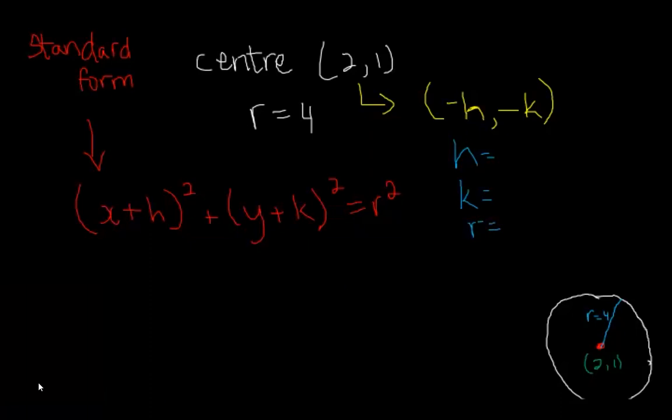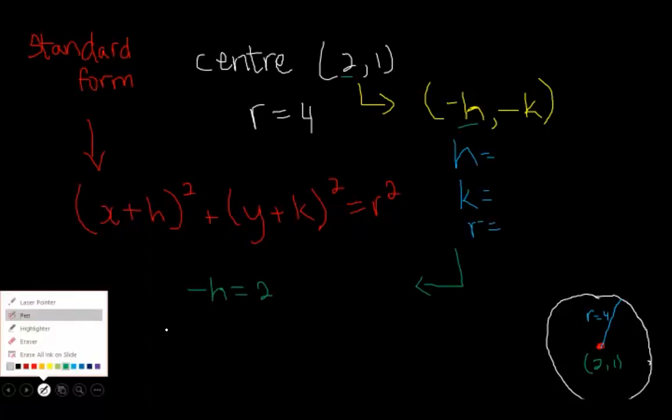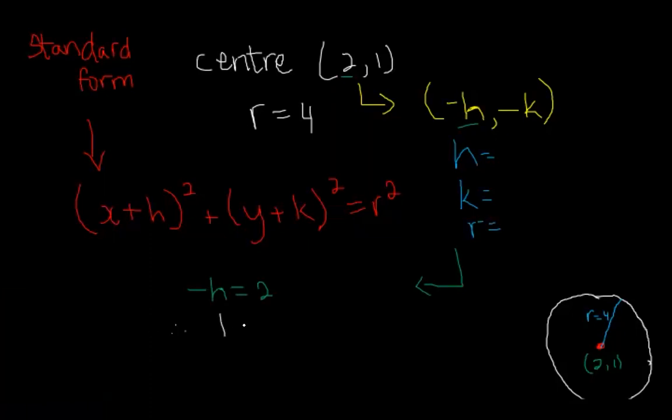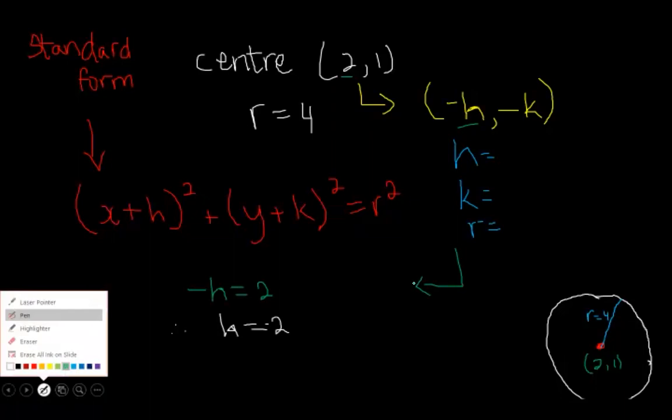Let me use green. Look in here. If minus h is 2, so if minus h is equal to 2, and I want the value of h, that means that h has to be equal to minus 2. If anybody doesn't understand how I got minus 2, let me know.